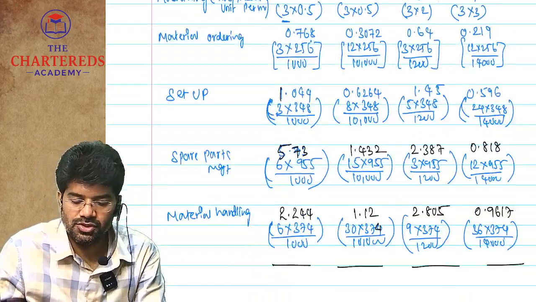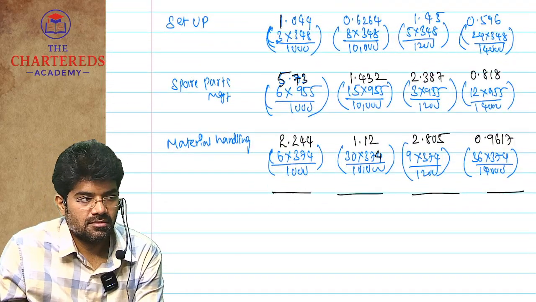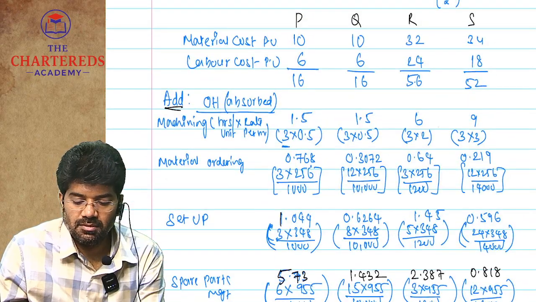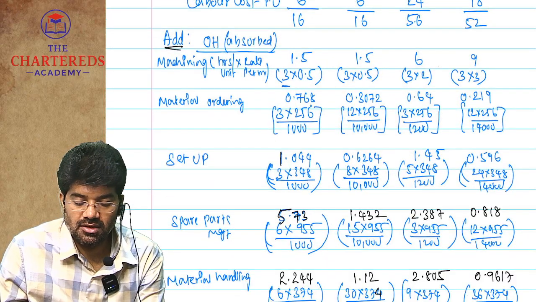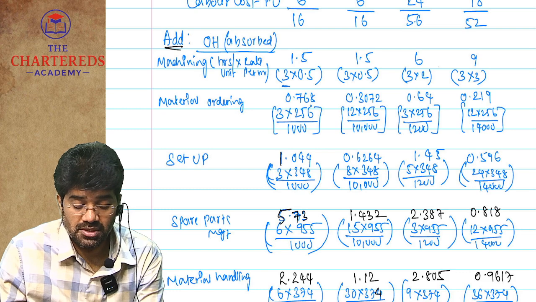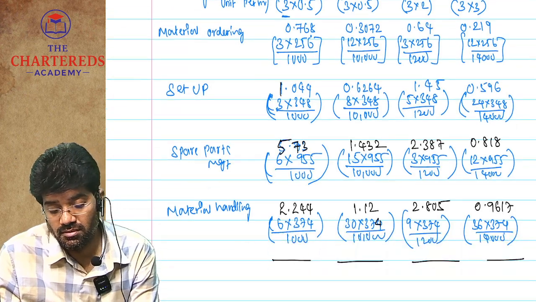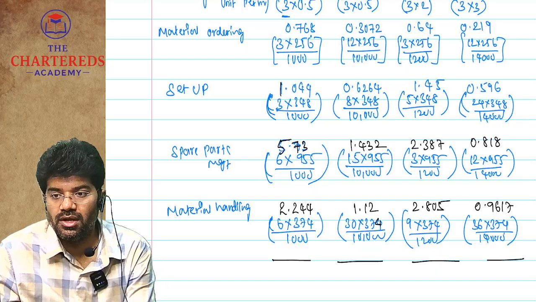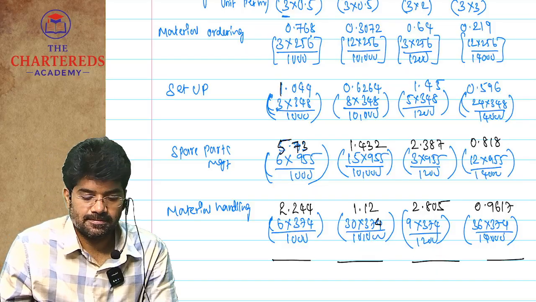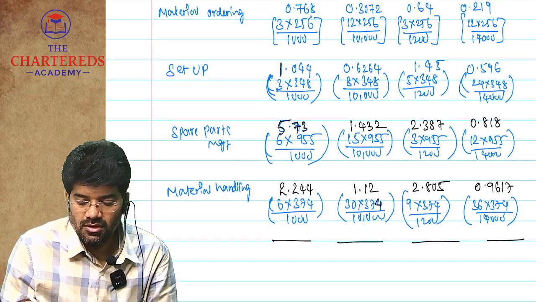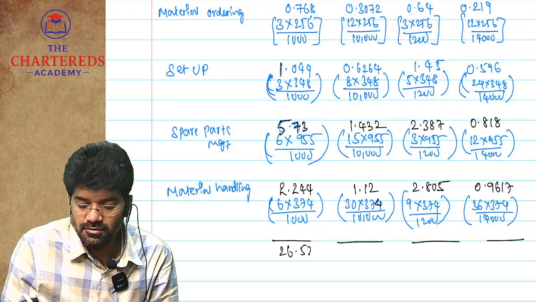So for P, how much did you get? 16 plus 1.5, 0.768, 1 plus 1 plus 1, 1.044 plus 5.73 plus 2.244. 26.52.